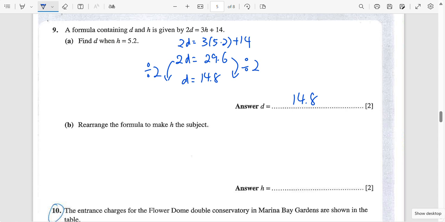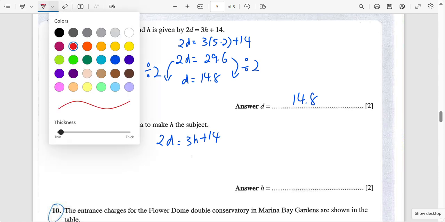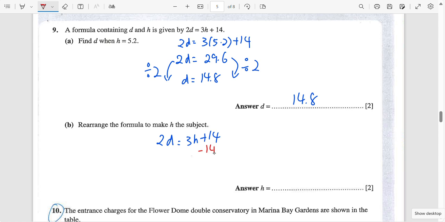Okay, rearrange the formula to make H the subject. So this is the formula. If I want to make H the subject, what I do first is I take away the 14 first. And I end up with 2D minus 14 equal to 3H.